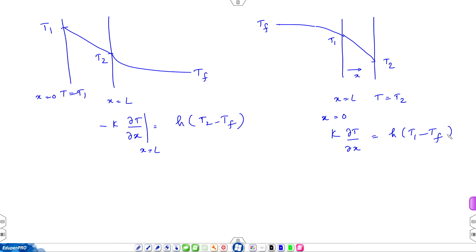Okay. So, where H has to be given to you, it depends on the flow field prevailing over there. So, here you may wish to say that n is in that direction. Okay.